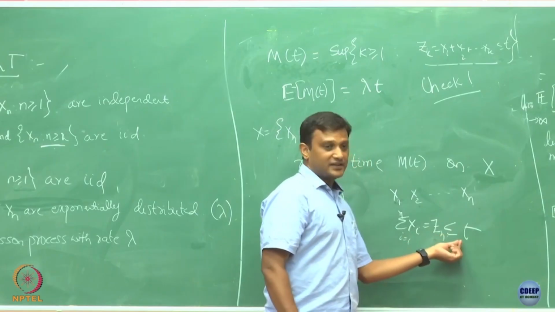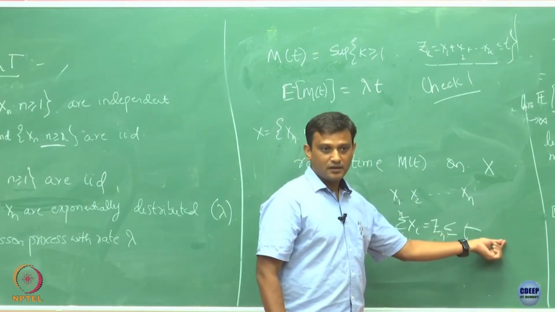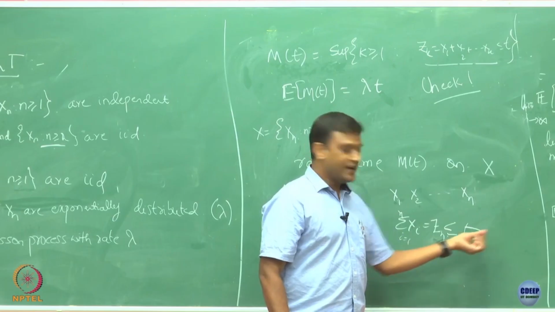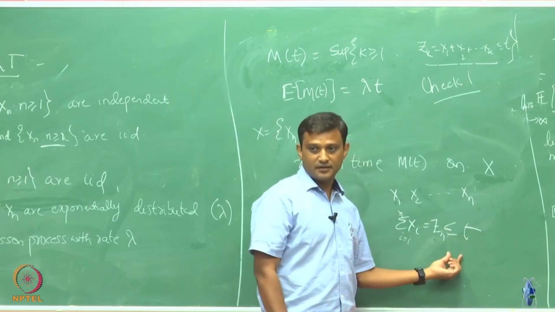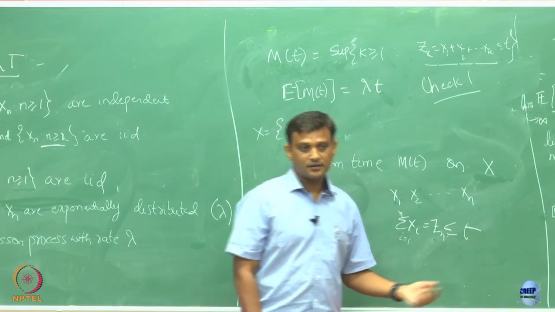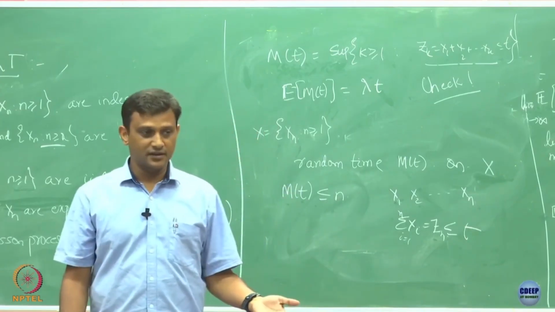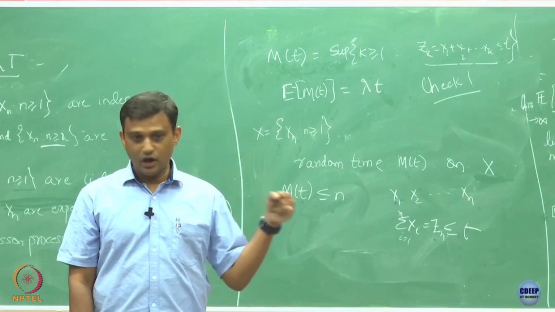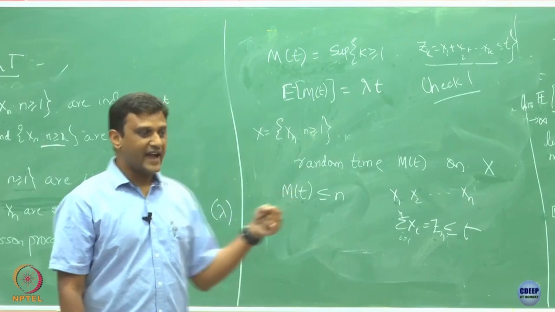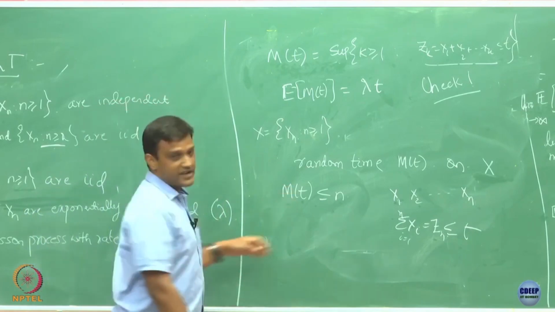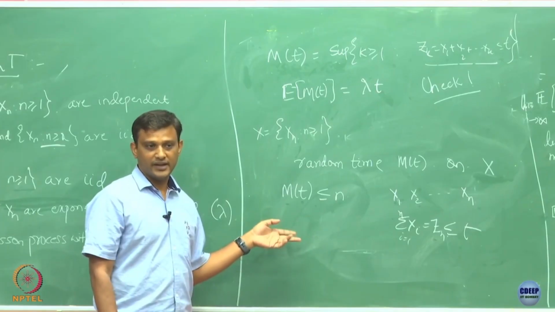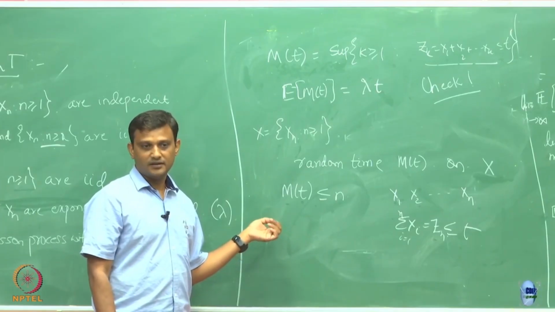If you add it to this, will it go beyond t, or is it still going to remain within t? Maybe or maybe not, right? Because of this, without knowing Xn plus 1, I can't say that m of t is going to be less than or equal to n. Is this clear?